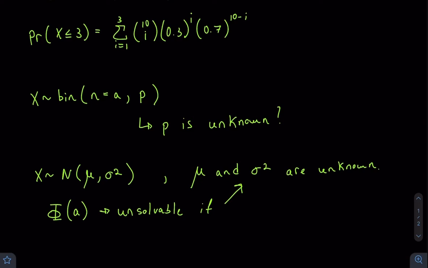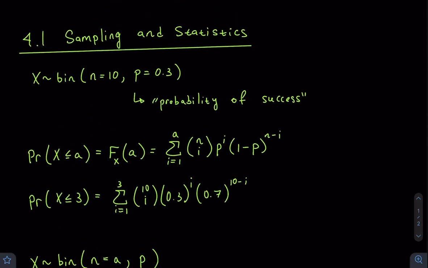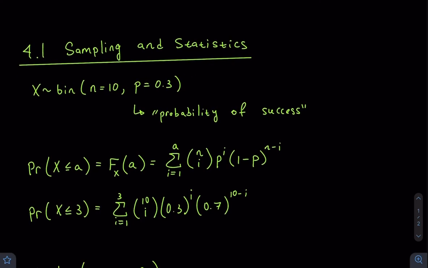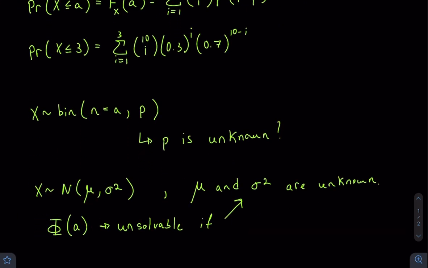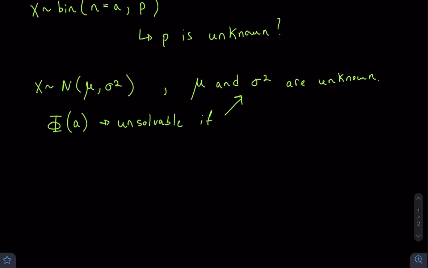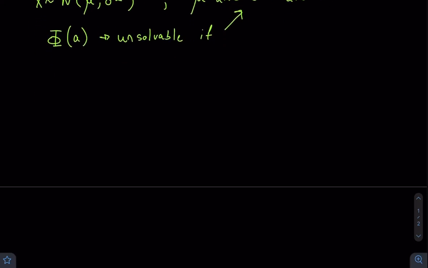So how do we solve this problem? What can we do? Well, there's a method from statistics that allows us to at least estimate these unknown parameters. And what we call these unknown parameters in general, we'll give it a name, we'll call them theta.